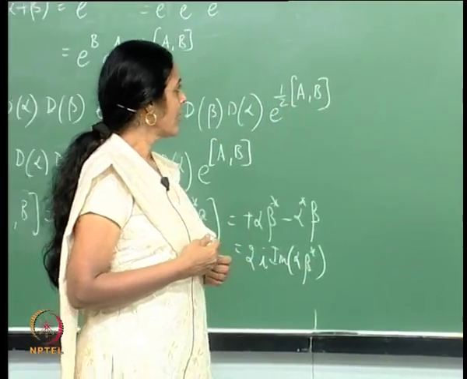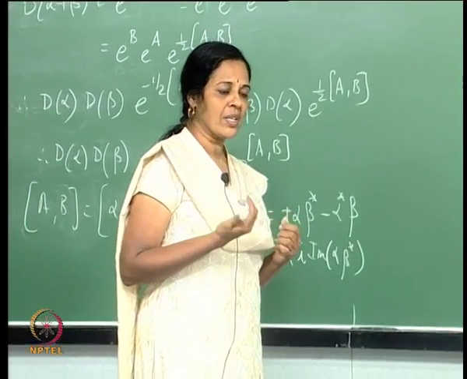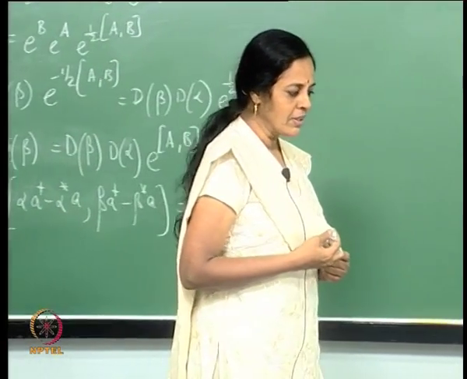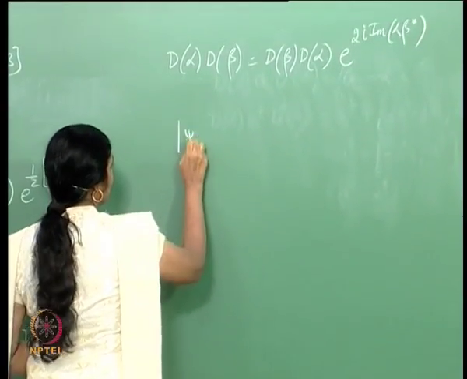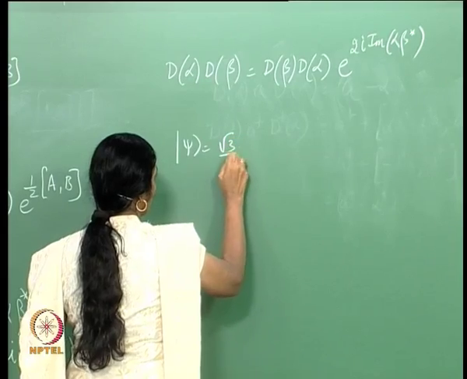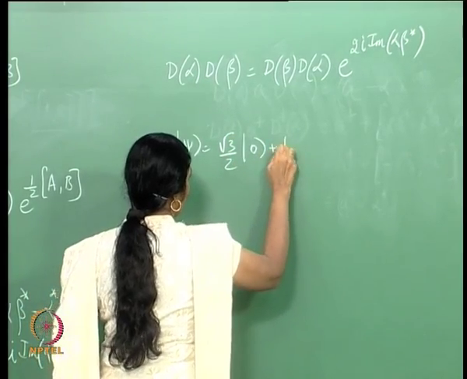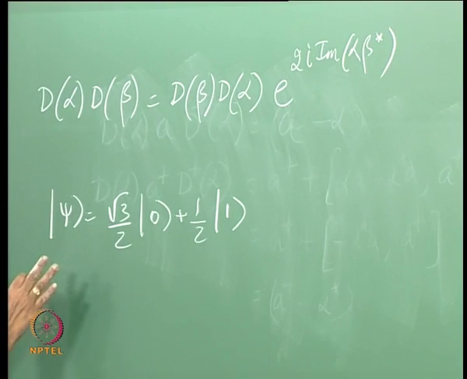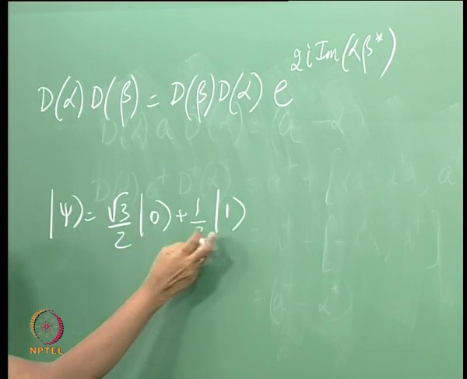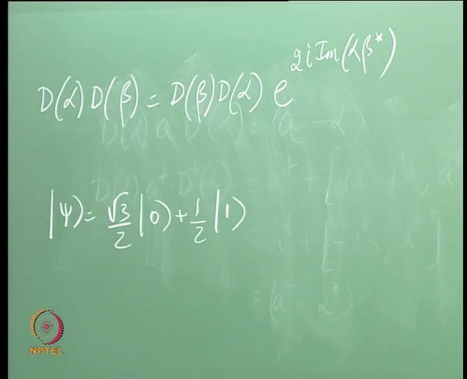An example of squeezed light has already been given earlier. We had the state psi, which is root 3 by 2 ket 0 plus half ket 1. So this was a specific squeezed state, which was a superposition of the 0 photon state with the 1 photon state.